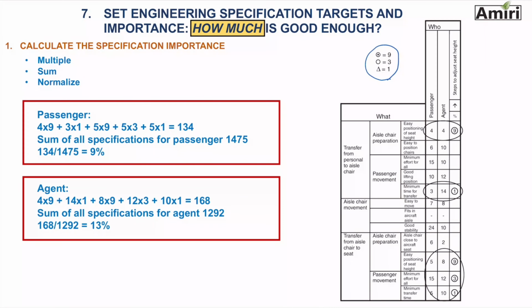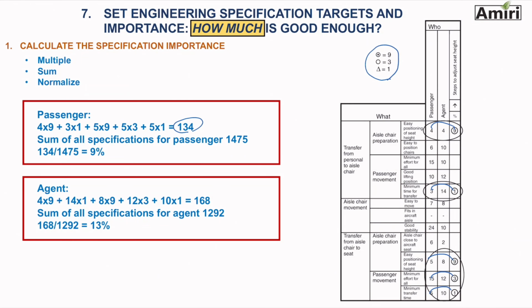For the passenger, again, 9 multiplied by 4 plus 3 times 21 plus 9 times 5 plus 3 times 15, and so on, you find the total. All of the specifications for the passenger have yielded 1475 if you go through your example and do all the sums based on the scores. And the normalized value, 135 divided by 1475, is 9%.